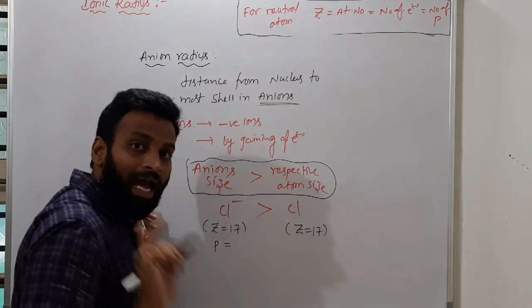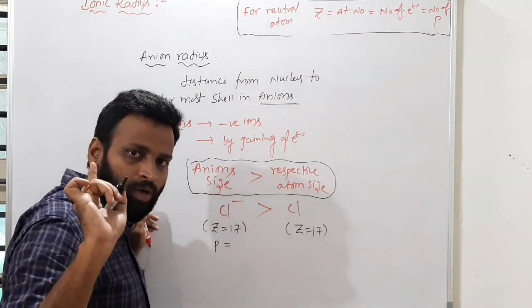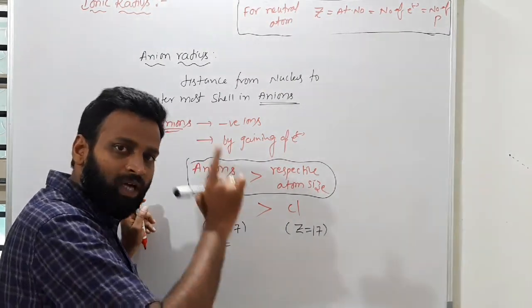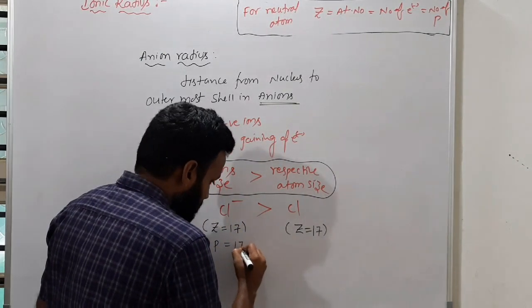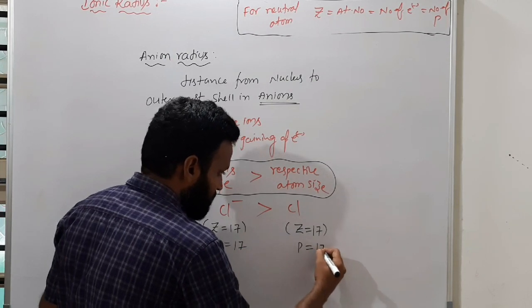Protons won't change; atomic number is equal to the number of protons for both ions as well as atoms. So here protons are 17, and here also protons are 17.